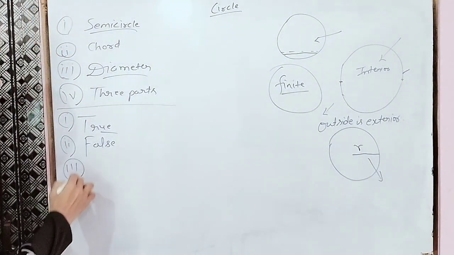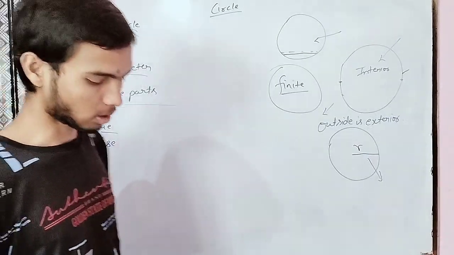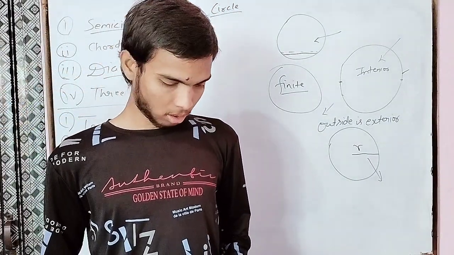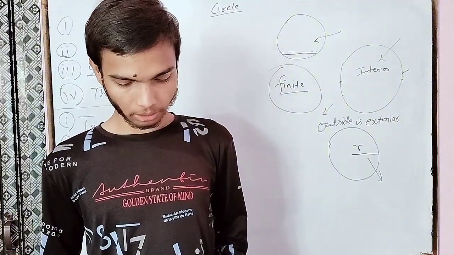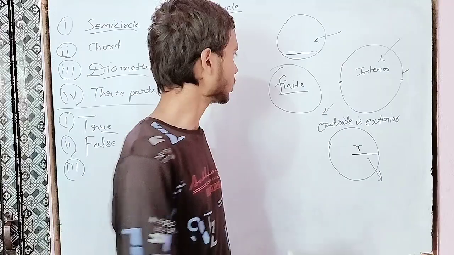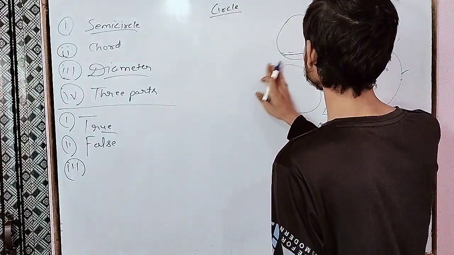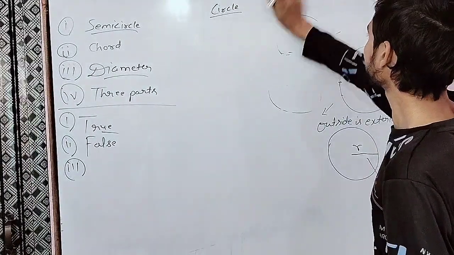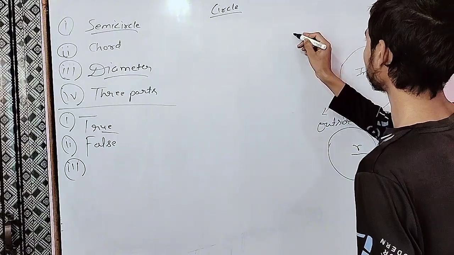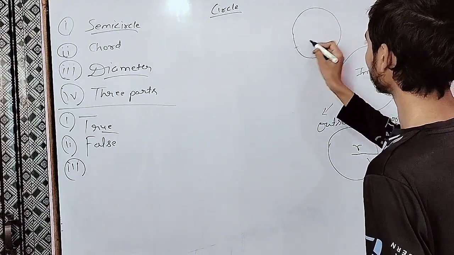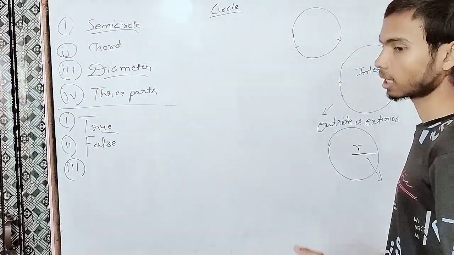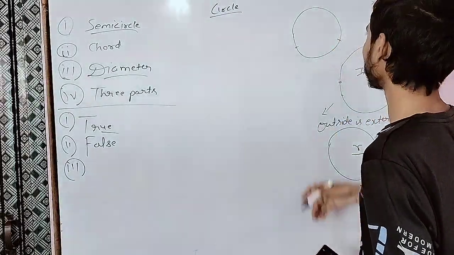So let's jump to the third statement. If a circle is divided into three equal arcs, then each is a major arc. It is saying that this is a circle, and the circle is divided into three equal arcs.